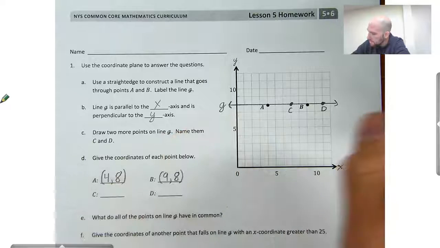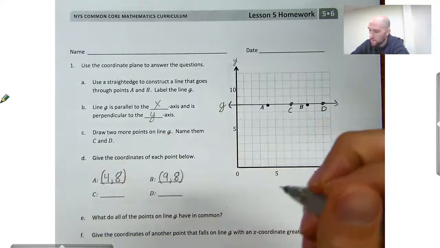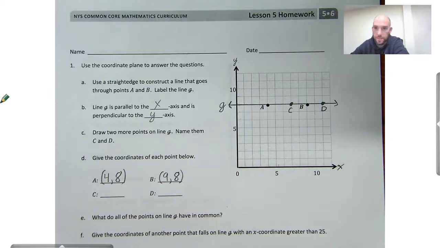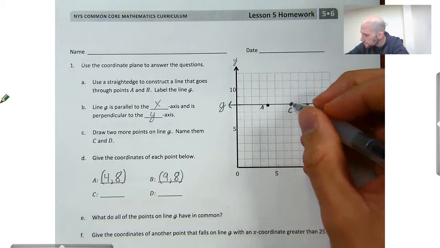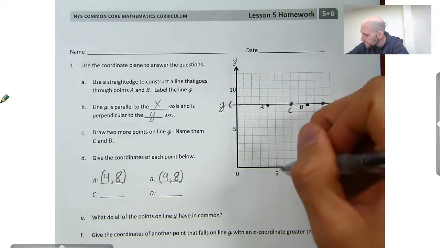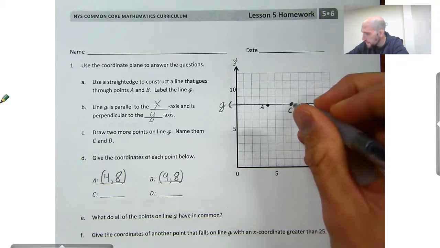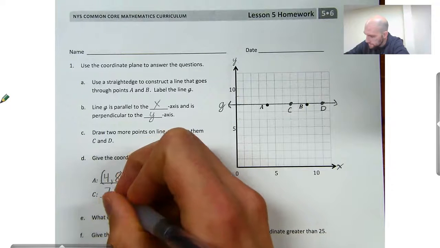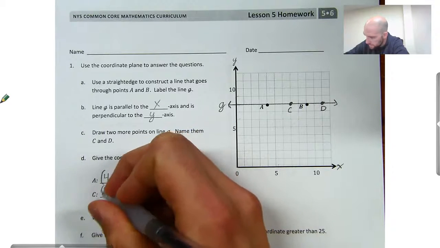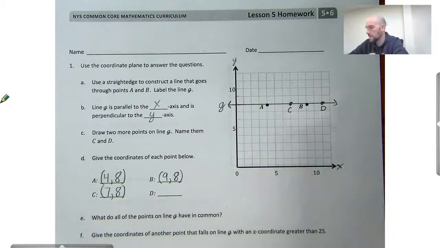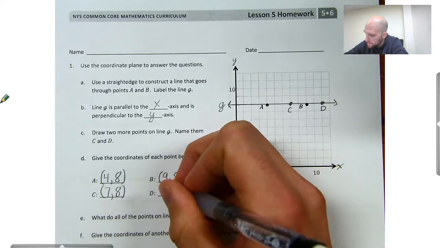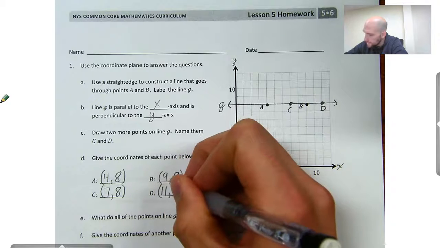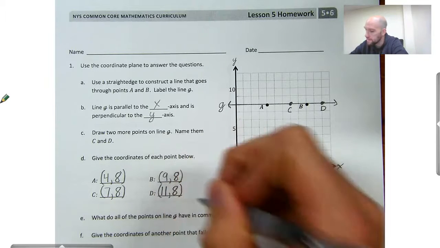So 8 will be the value of our y coordinate anywhere on line G. Point C will be 7, 8. And then D is 11, and again our y value will still be 8.